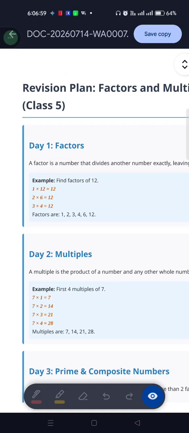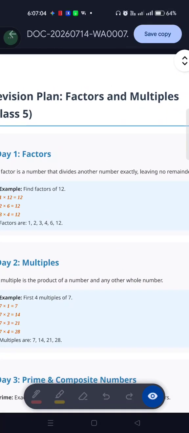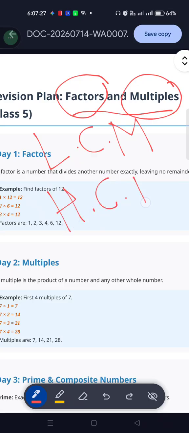So first of all, as you can see, our chapter name is factors and multiples. So in this chapter, we will learn about factors and multiples. Also, you will learn in this chapter about LCM, which is lowest common multiple, and HCF, highest common factor.